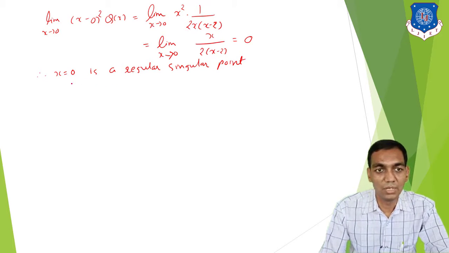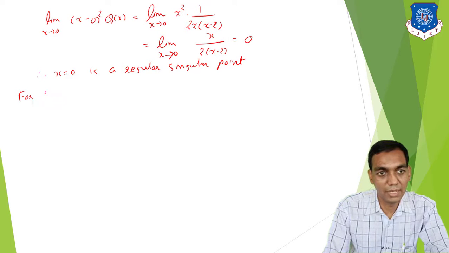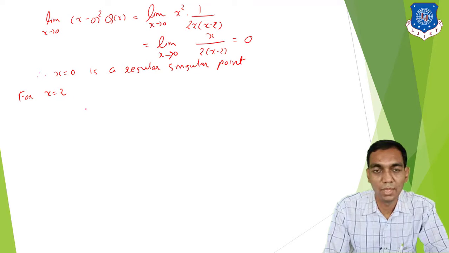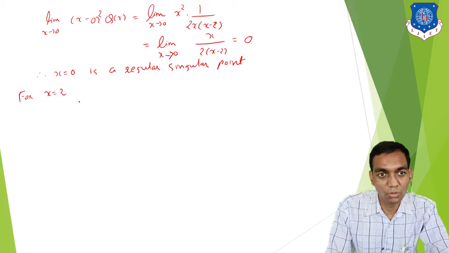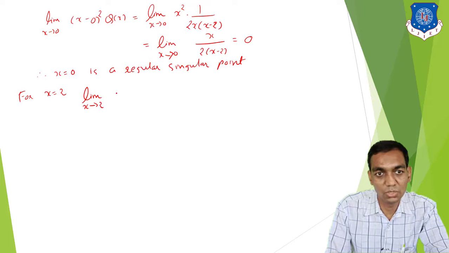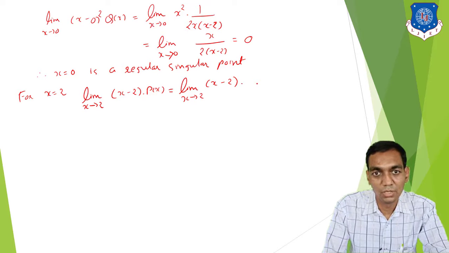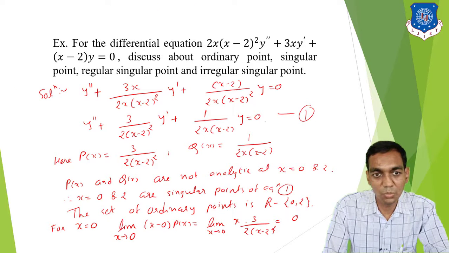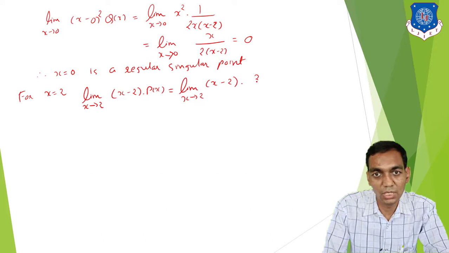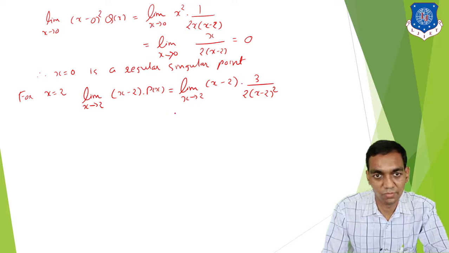Correct? But now for x is equal to 2. For x is equal to 2, you have to find out the limit x tends to 2, because x0 is 2, of (x minus 2) into p(x), that is the limit x tends to 2 of (x minus 2) into, what is your p(x)? 3 upon 2 into (x minus 2) the whole square.